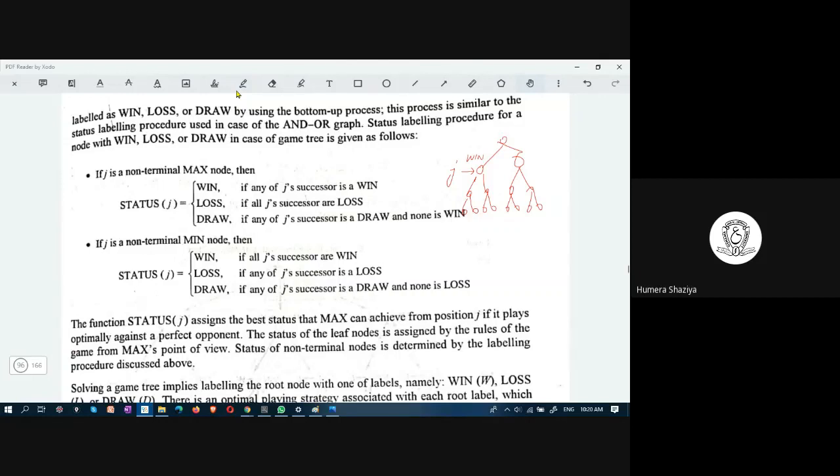From here, if there is a win one way, or a win the other way, or the third way or fourth way, there are four routes from this. If any one is leading to a win, this J node can be labeled as win.